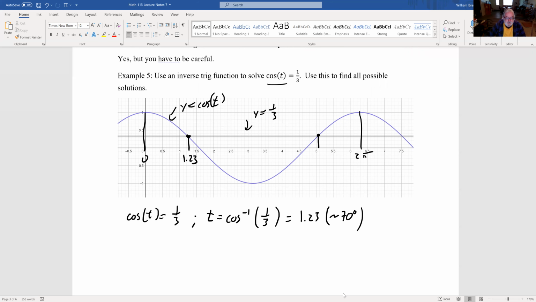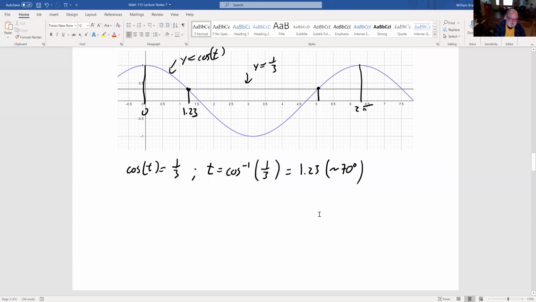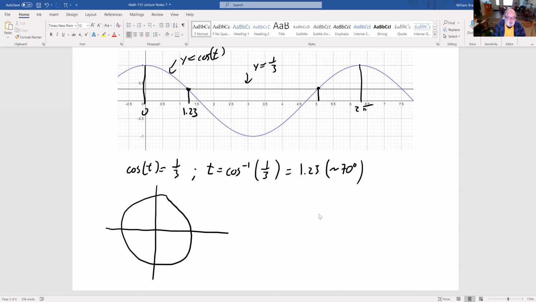So let's think about the geometry of cosine a little bit. Cosine is the x. So if I draw my unit circle, here's an angle of about 1.23 radians, and this length here is 1/3.